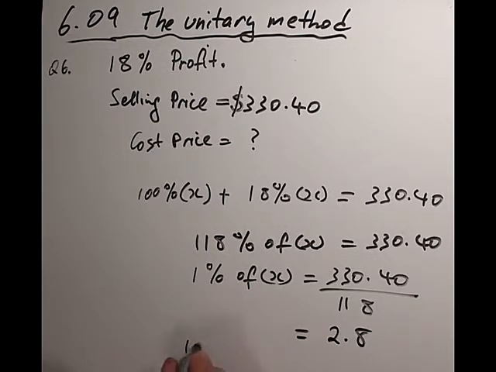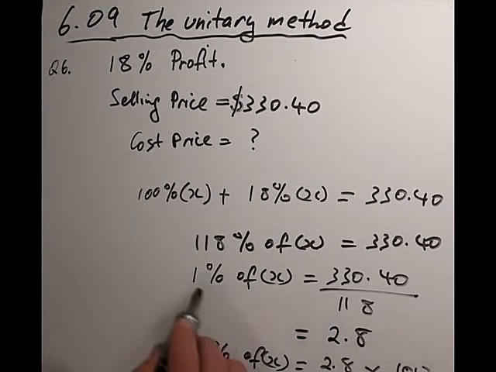So that means now 100% of X is going to be 2.8 times 100. If 1% is 2.8, 100% is going to be 2.8 times 100. Move the decimal point 2 places, so I'm left with 280.